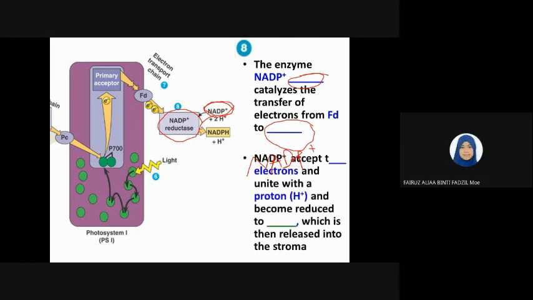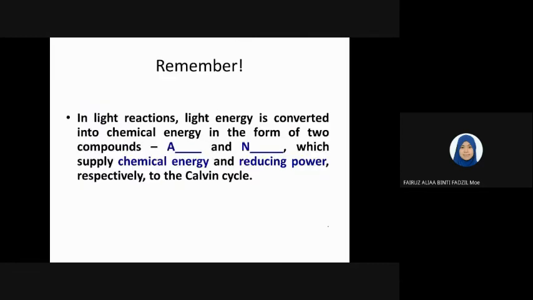Okay, NADP plus accepts 2 electrons and unites with a proton and becomes reduced to NADPH, which is then released into the stroma.